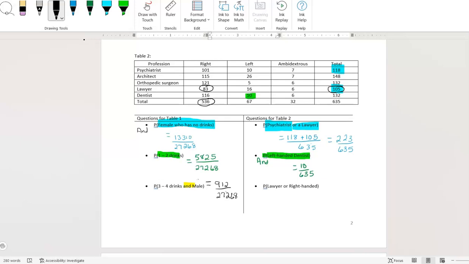So if we count them in the 536 and count them in the 105, then we've double counted them. And so we need to eliminate one of those counts. So we know that we have 105 plus 536, but we have to subtract out the 83 because we have double counted them. That's that overlap. And this is out of 635. And I'll let you guys do the top calculation there to figure out what the numerator is out of 635.